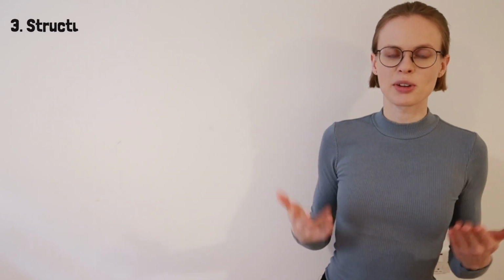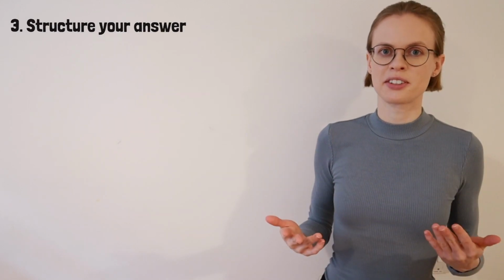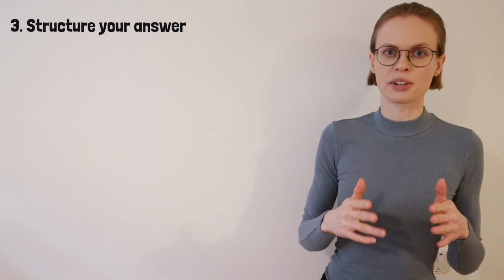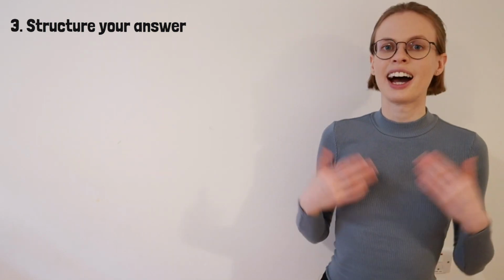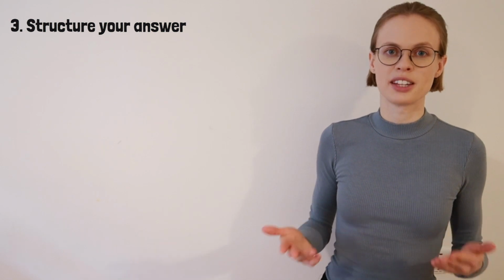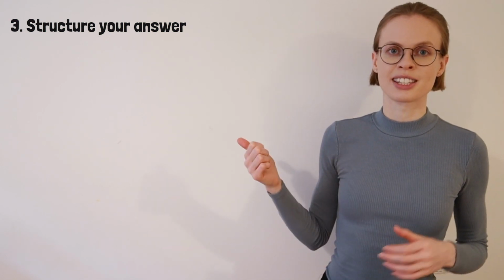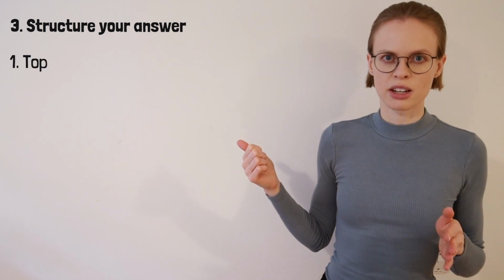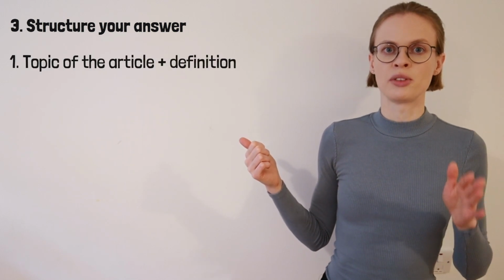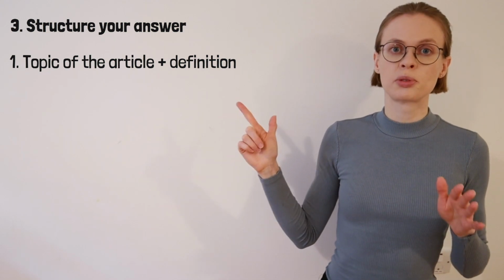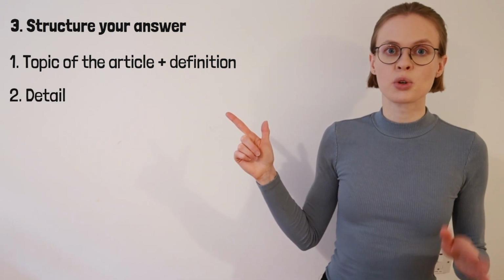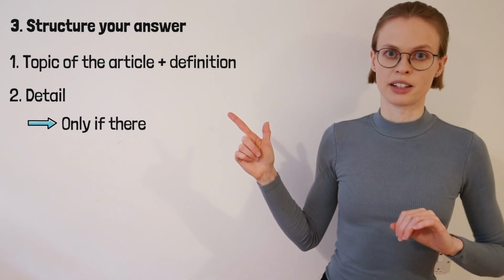Let's go on with tip number 3. Structure your answer. In order to get a high score in task 3, it's important that you deliver a well-structured answer. I highly recommend using this structure here. First, you start with the topic of the article and you talk about the definition the article gives. After that, you provide a detail, but of course only if there is one.